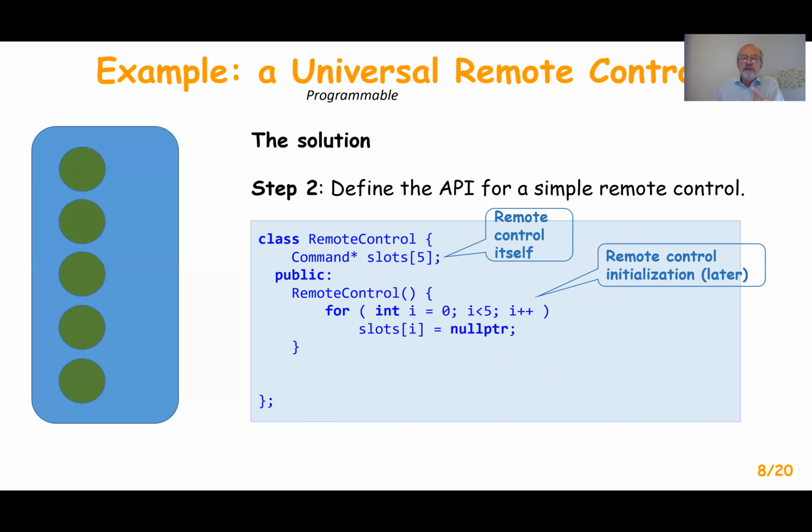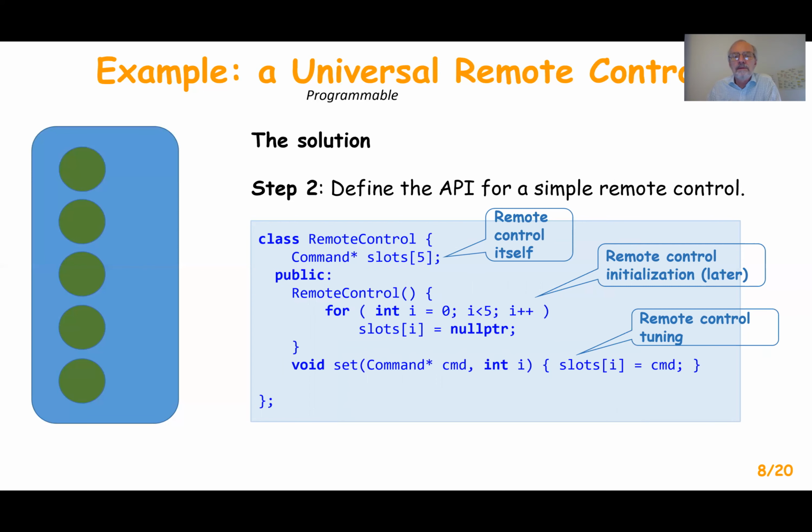We have a constructor. We have initialized all buttons. We assign null pointers to slots. And look carefully at what I have written after that. Set function. What does it do?